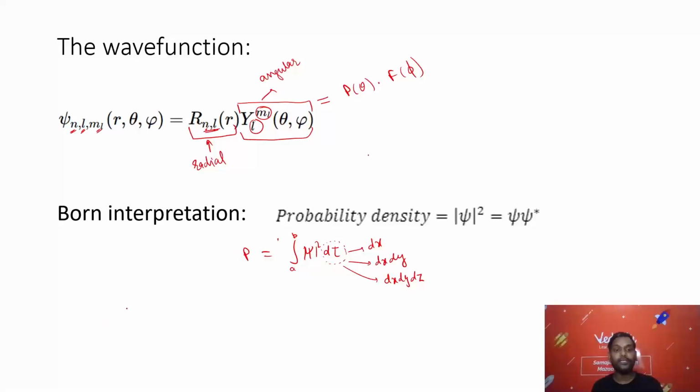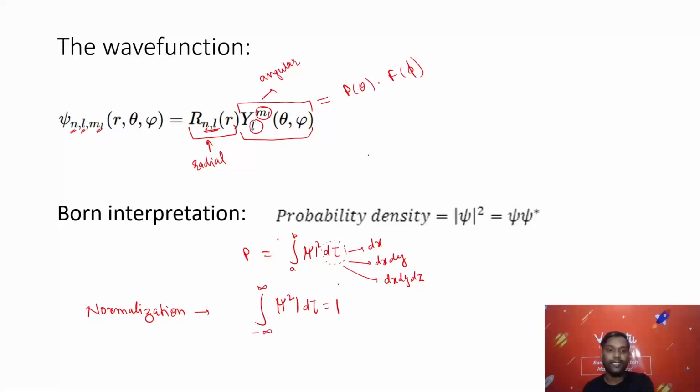So that is known as normalization of the wave function. A normalized wave function is the one in which the total integral is equal to 1. So if your wave function is not normalized, we can normalize it using this relation.